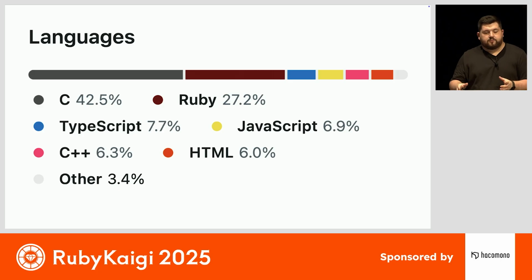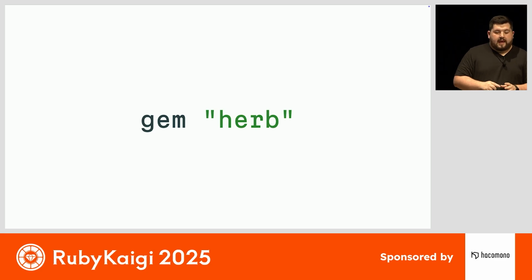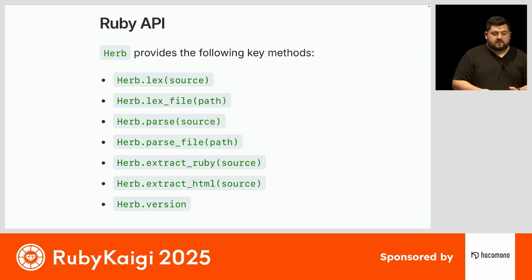It has bindings for Ruby. It has JavaScript and TypeScript types as well. And all you have to do today is add gem herb to your Gemfile or whatever. And then you get to use the Herb interface, the Ruby API, to parse, extract Ruby code, extract HTML code from any ERB source.